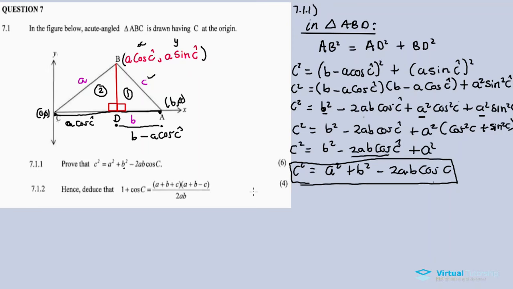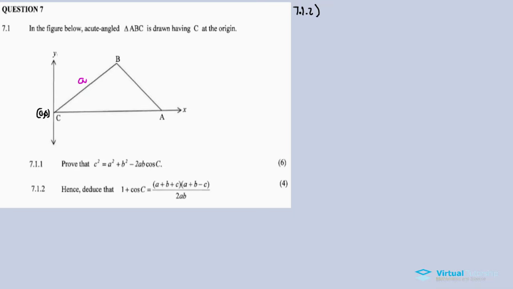Yeah, so now we go to 7.1.2, but I'll have to erase this. Here they say hence deduce that 1 plus cos C is equal to this expression, for 4 marks. So let's prove this. Alright, 7.1.2.